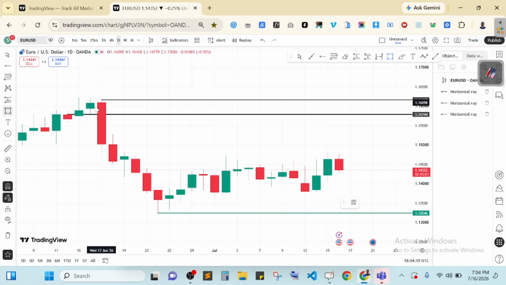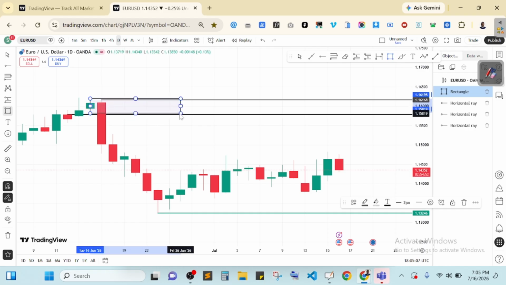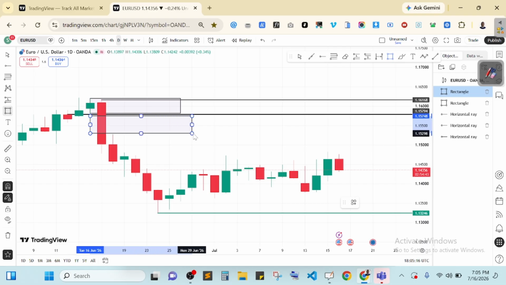This is another block. This is another block. There's also imbalance. This is also imbalance. From here to here is what? Imbalance. So we'll be waiting patiently for the price to come to this region before we look for opportunity to trade.